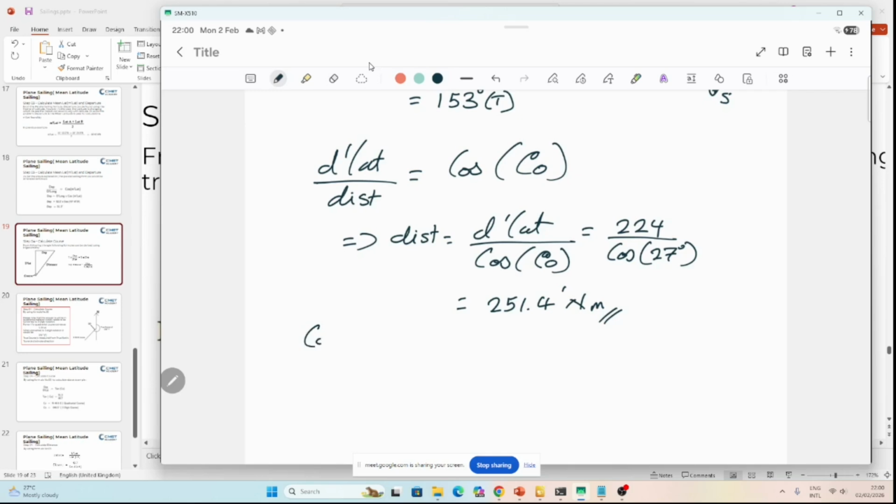So the course and distance of AB is 153 degrees true and 251.4 nautical miles. This is the answer. You got the answer? How about the others? Are we good?